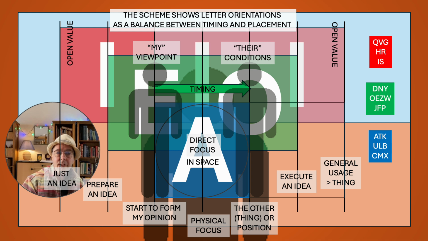So this basic scheme actually shows the orientations as a balance between timing and placement. So it's not just that all the words immediately find their place and that's it, because in the meanwhile there's also a balance search, and a process that makes a form come out. It's a different method. We'll not use this method now, but you can also add that.